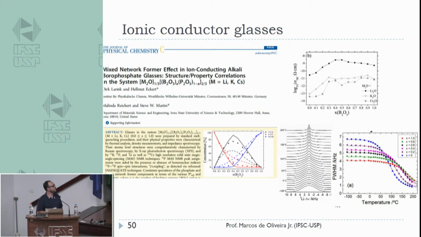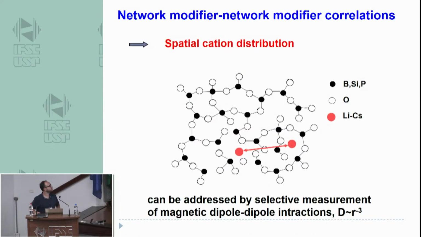For low temperature, we have a broad spectrum that comes from dipolar interactions. When you start to heat the sample, this lithium starts to get some mobility. This mobility averages out the dipolar coupling, and then we have a sharp line. From the onset of this motional narrowing, we can get information about mobility in these systems.